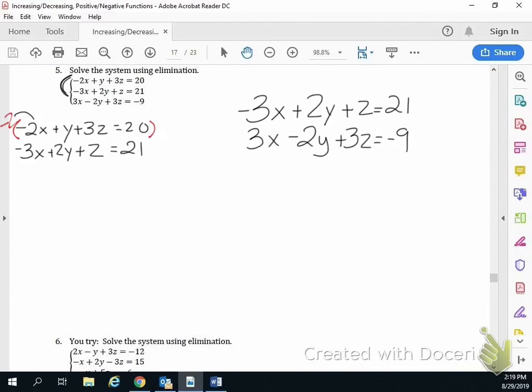Okay, so negative 2 times negative 2 is going to give me 4x. Negative 2 times y is going to give me negative 2y. So that right there, I've accomplished what I wanted to, because I got 2y and negative 2y. Then negative 2 times 3z is negative 6z. Negative 2 times 20 is negative 40.